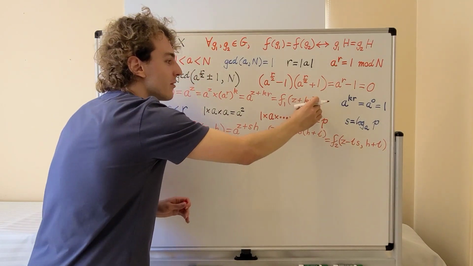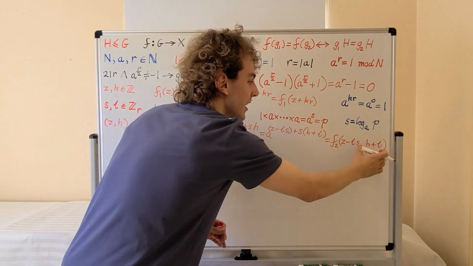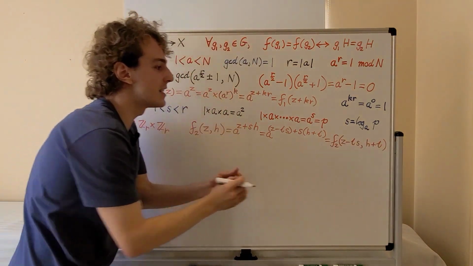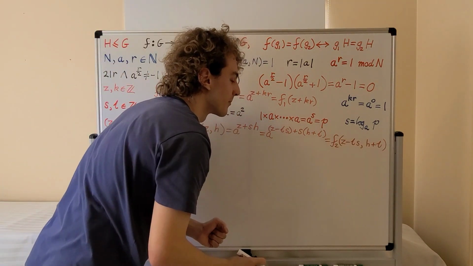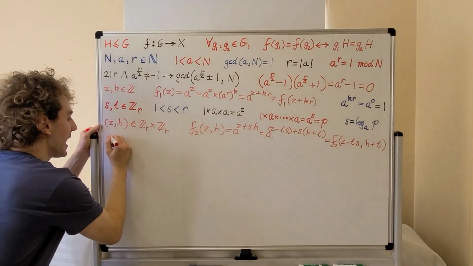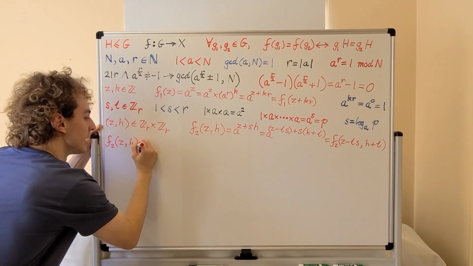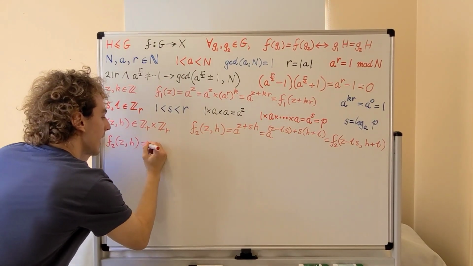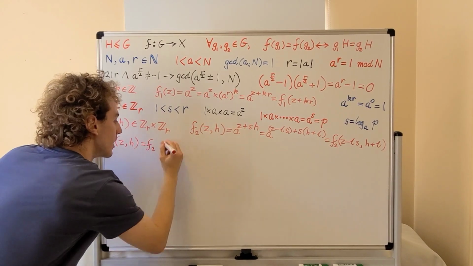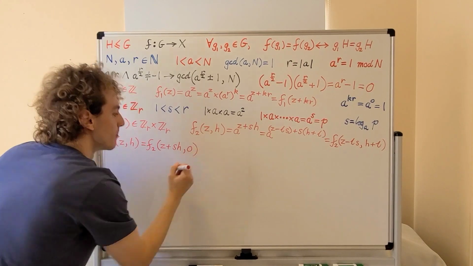So we no longer just have a single value as the period, this R. Now we have a pair of values. And those pair of values are defined by this secret value S. Now let's see some interesting relationships with this function. So f2 of z, h can also be written as f2 of z plus h, 0.